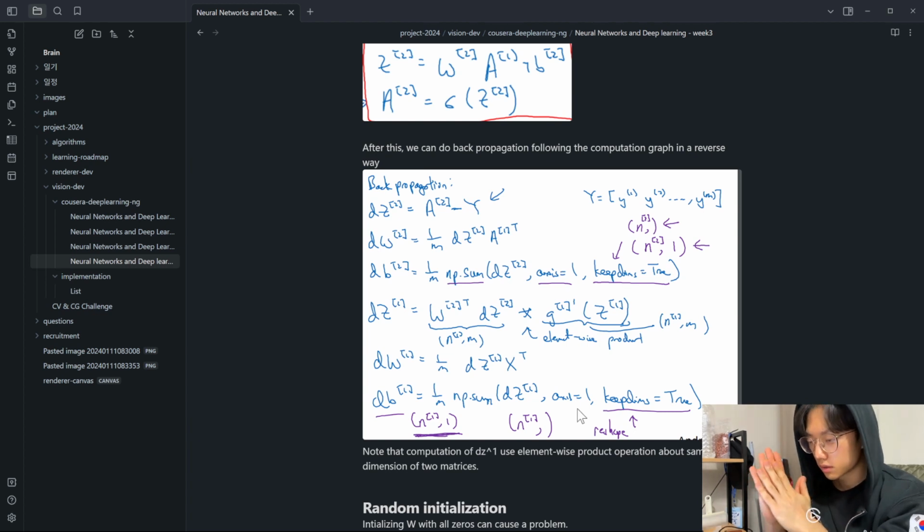Actually, the backpropagation for dG1 and dW1 was quite difficult to understand for now, so I just followed what the professor wrote on his screen.